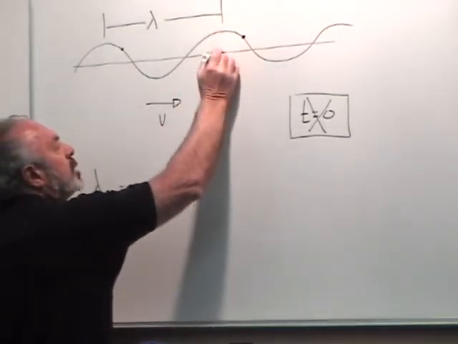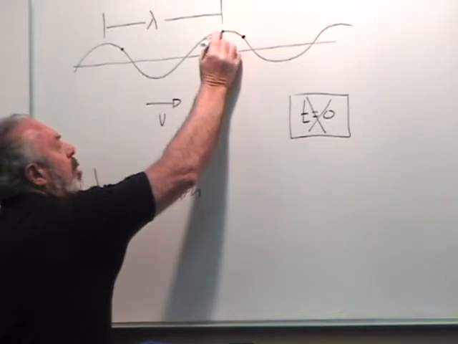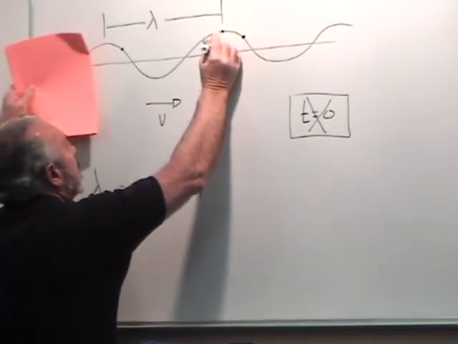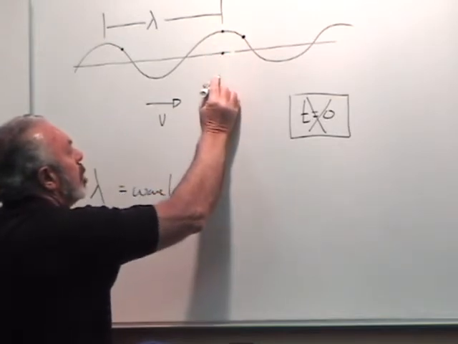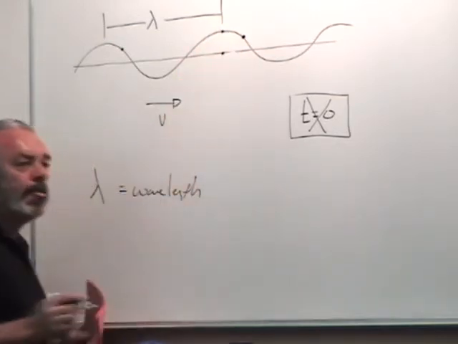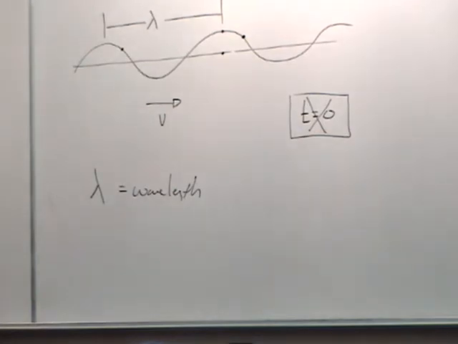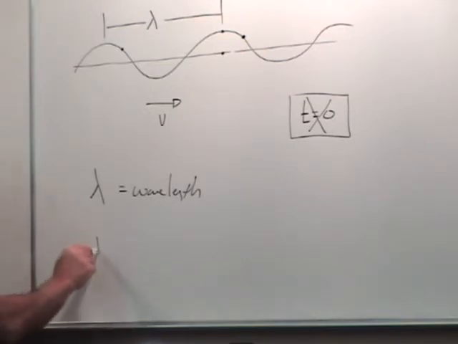That is, we're observing this point right here. Right now we have maximum amplitude, and as you can imagine, as the wave goes by, the amplitude is going to sink to 0, go to a minimum, go back to 0, and back to the top again. That's how long it takes for one wavelength to pass. What do we call that? That's the period. So now, for us, T is also going to be period.